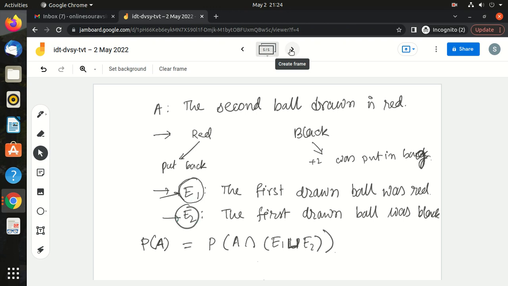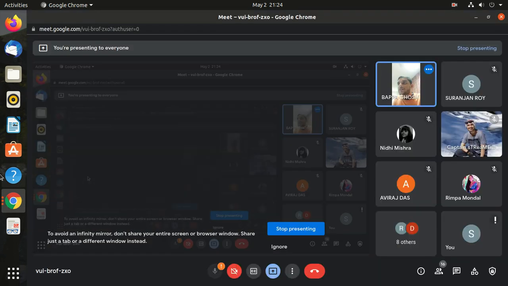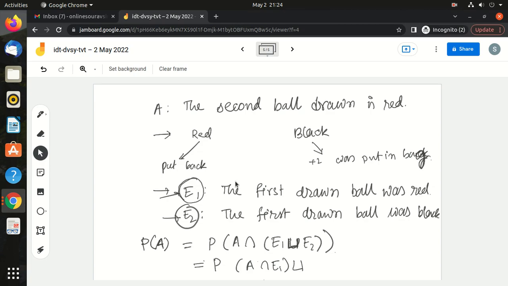So this is equal to the probability of A intersection E1 union A intersection E2. And this is just the distribution law of intersection over union. Do you understand this?